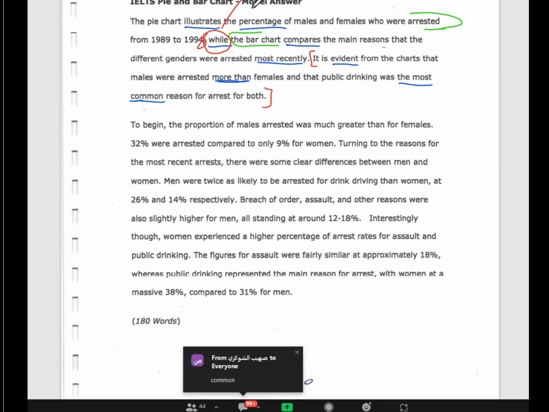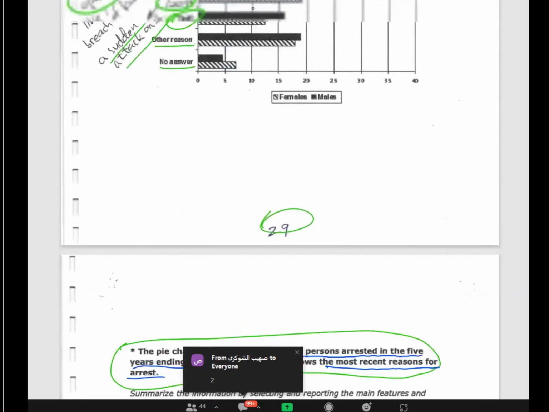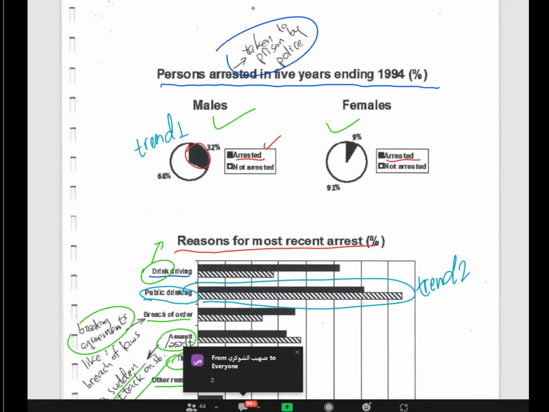Okay. Now look at the overview sentence. See how many trends are there. It is evident from the chart that males were arrested more than females. This is trend number 1. We saw that in the drawing. Males were arrested more than females, right?